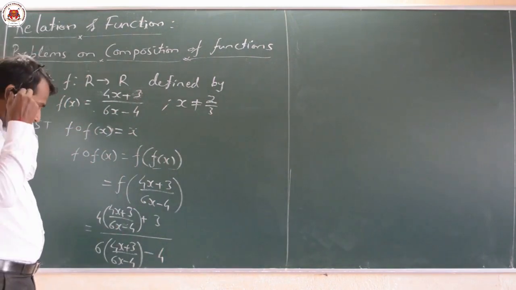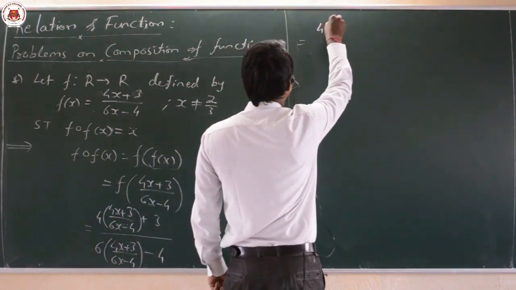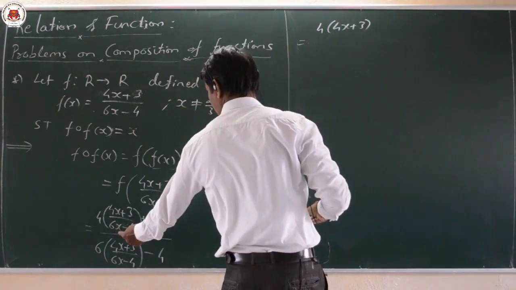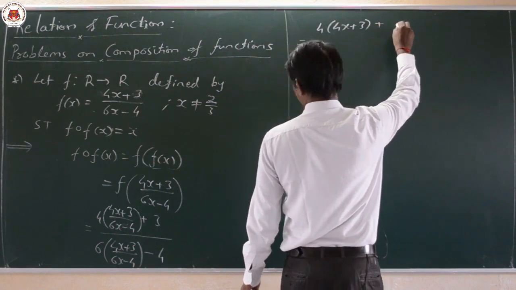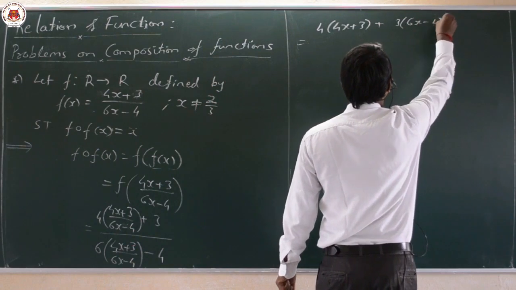Okay, so what we get here, which is equal to 4 into 4x plus 3. Now cross multiply this whole thing, that is plus 3 into what we have here, 6x minus 4.